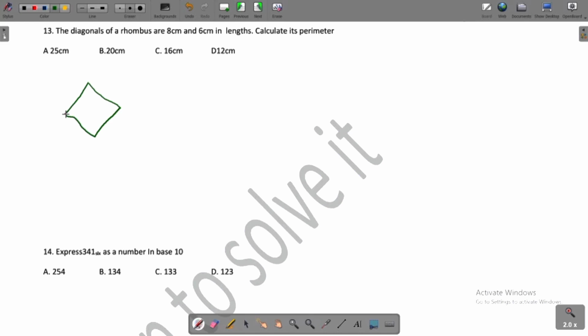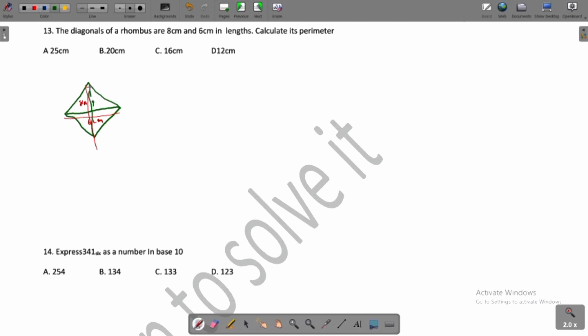Now, the diagonals. Diagonals is this. First diagonal. This is the second diagonal. If from here to here is 6 centimeter, and from here to here is 8 centimeter, that implies that the half of 8 here will be 4.